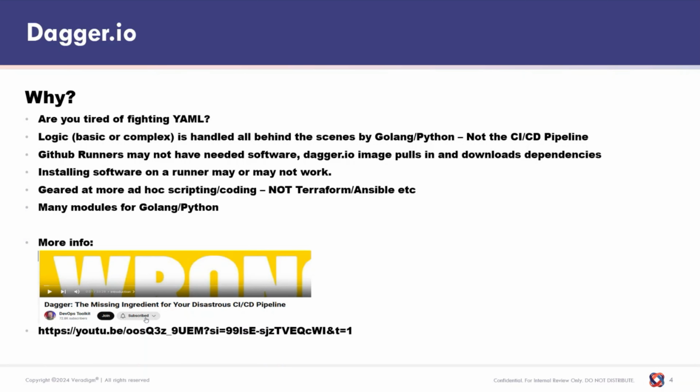The next piece, which is one of the things that really drove me to get interested in this, is that the logic, whether it be basic or complex, is handled all behind the scenes by Golang or Python, not in the CI/CD pipeline. I don't know how many times I've tried to do something similar to a try catch if, or try catch finally, inside of GitHub Actions, and they just don't necessarily support that kind of logic. I'm not saying that you can't create it, but it's not easy to do.